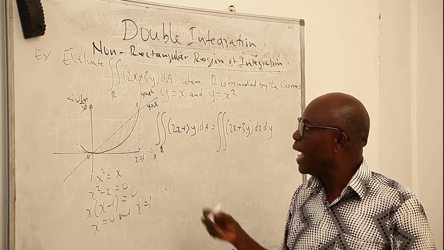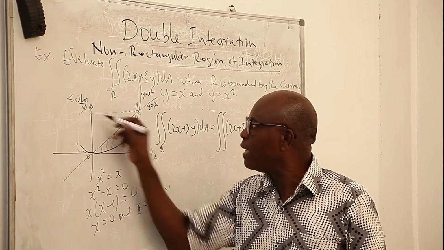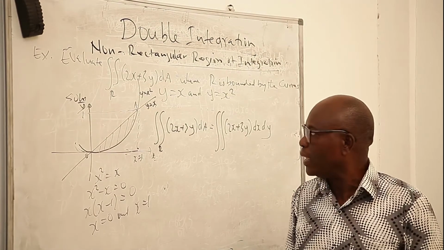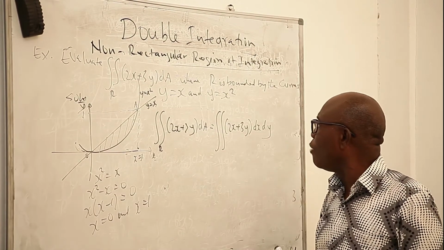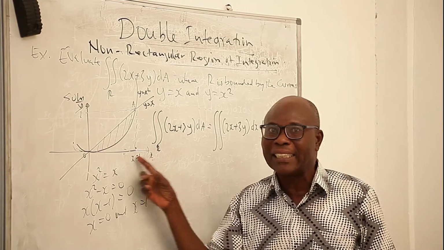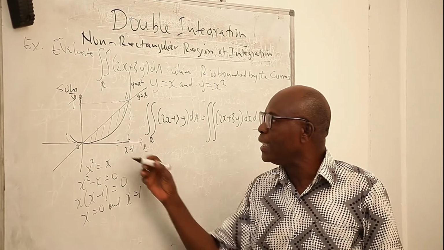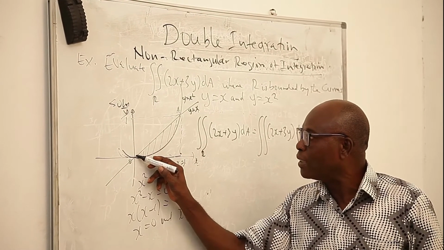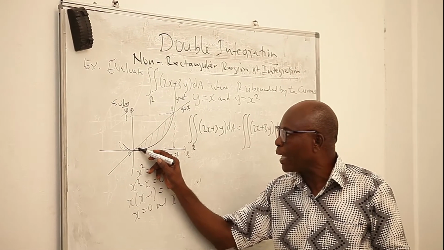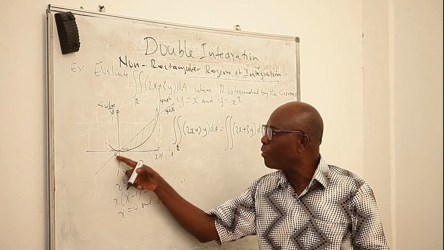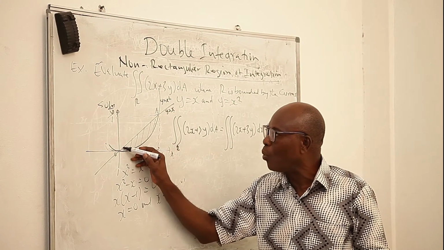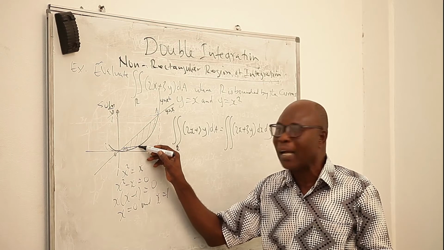And so, if x equals 1, put here, y will give us 1. And so, if you are formulating along the x-axis, you are moving from the lower curve to the upper curve. See that the lower curve will start from y equal to x. This is the lower curve to the upper curve.